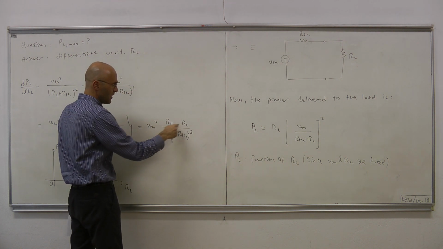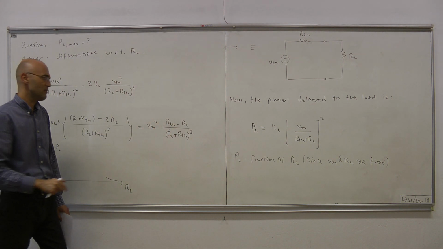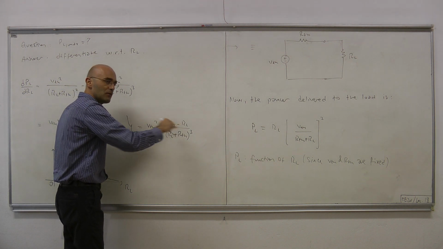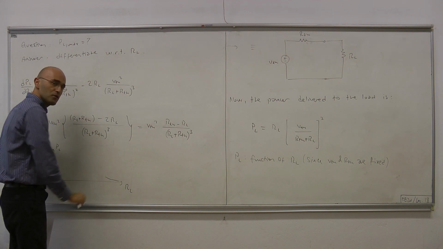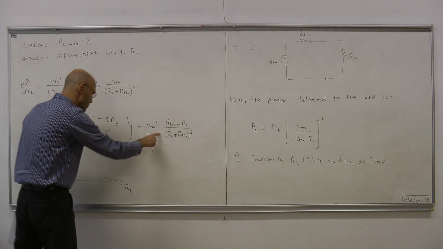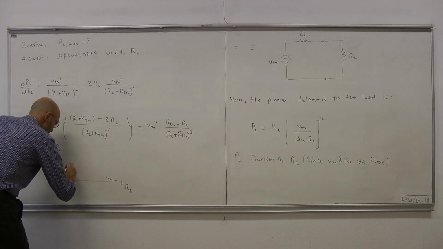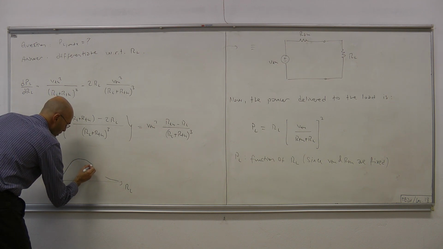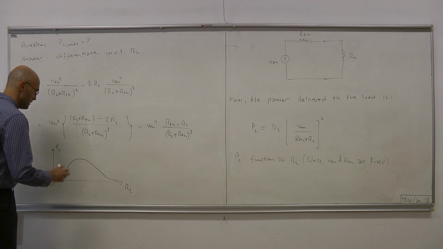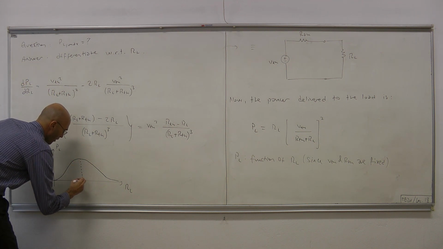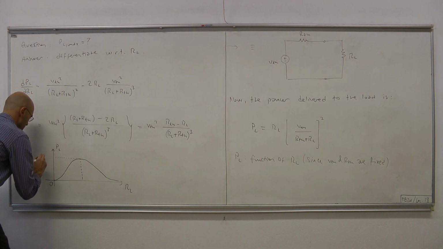From that point on, RL is larger than R Thevenin, therefore the numerator becomes negative and the whole thing becomes negative. That means the slope is negative, so we're decaying toward 0. By looking at this slope and knowing what happens at the two extremes, we expect something like this. And what we're interested in is this peak where we have PL max.